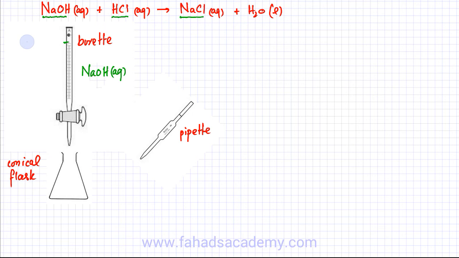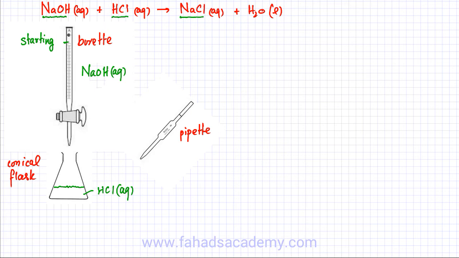So that is my starting point, and I'm going to put HCl in the conical flask at the bottom. So there is HCl aqueous at the bottom of the conical flask.